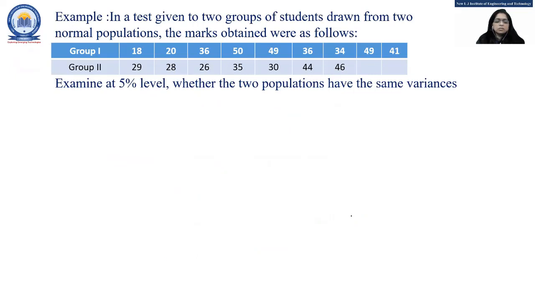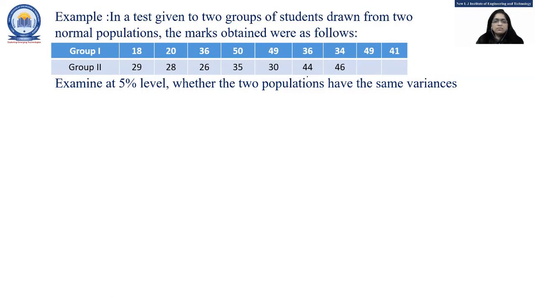Let's move to another example, students. In a test given to two groups of students drawn from two normal populations, the marks obtained were as follows. Group 1: 18, 20, 36, 50, 49, 36, 34, 49, and 41. Another group: 29, 28, 26, 35, 30, 44, and 46.